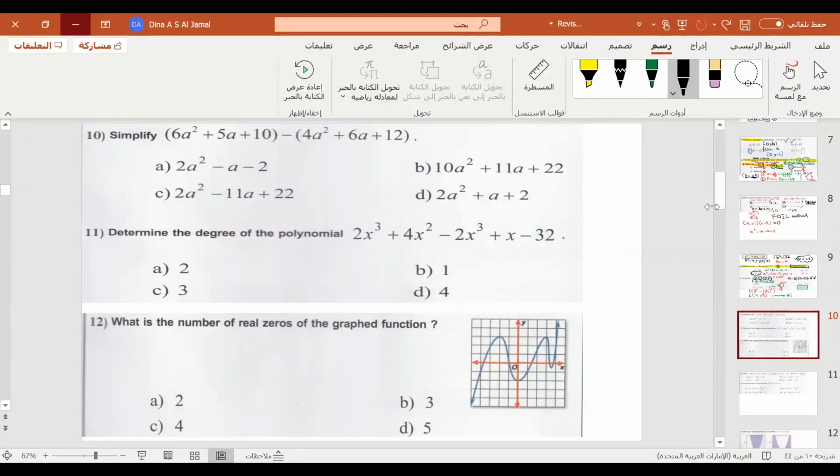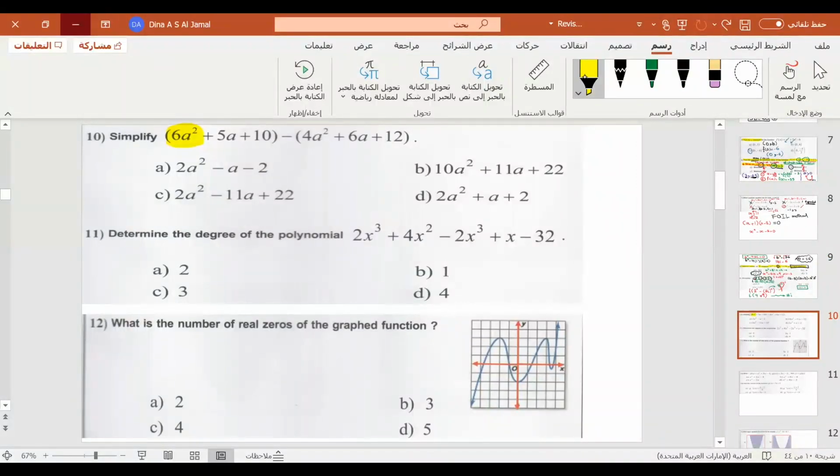Here he's asking you to again simplify, but this time you are having polynomials and between them there will be subtraction. So I would like to do it directly. I will look at the terms which I can consider like terms. 6a squared minus 4a squared, so directly it will be 2a squared.